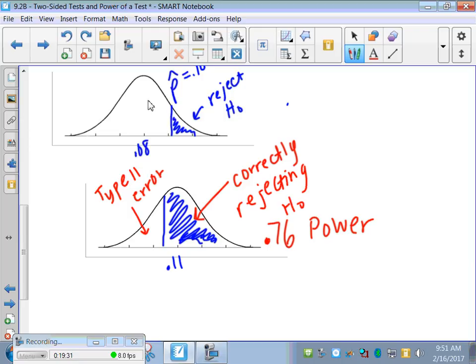So if I get some p-value over here and I make a type 2 error because I really should have rejected that 8% because it's really 11%. All right? So this probability happens to be 0.24, right? The other end of that.